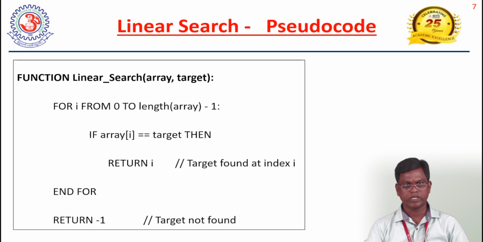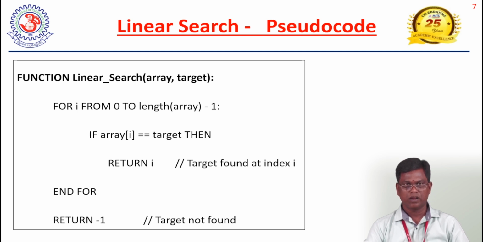Otherwise it will go to the next element, the second element. Again the second element is compared with the target element. If it is matched, then we return the index. Otherwise the process will be repeated. So if the target element was found within the list of elements, it will return the index.